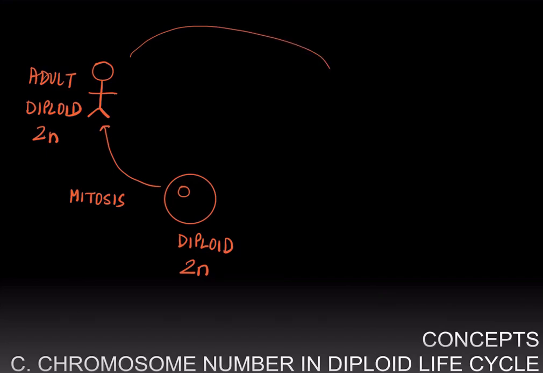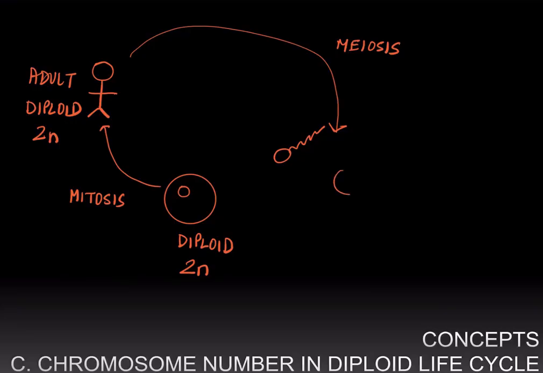Then this adult is going to undergo meiosis, and one of the most important functions of meiosis is to halve the number of chromosomes.